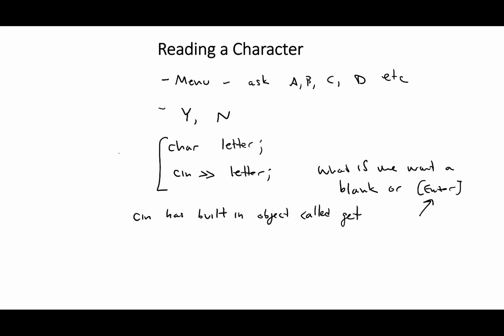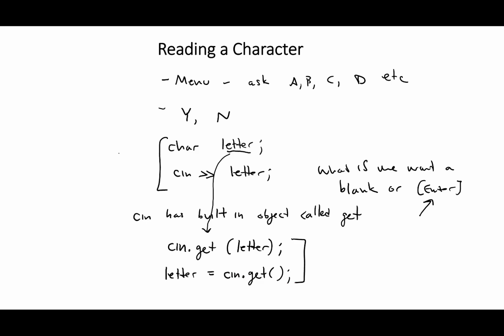The way we would use this is, let's say we want to read in this letter. Instead of using cin letter, we would use cin.get and then put letter here. The other way we can use this is we can say letter equal to cin.get. Both of these are equivalent.